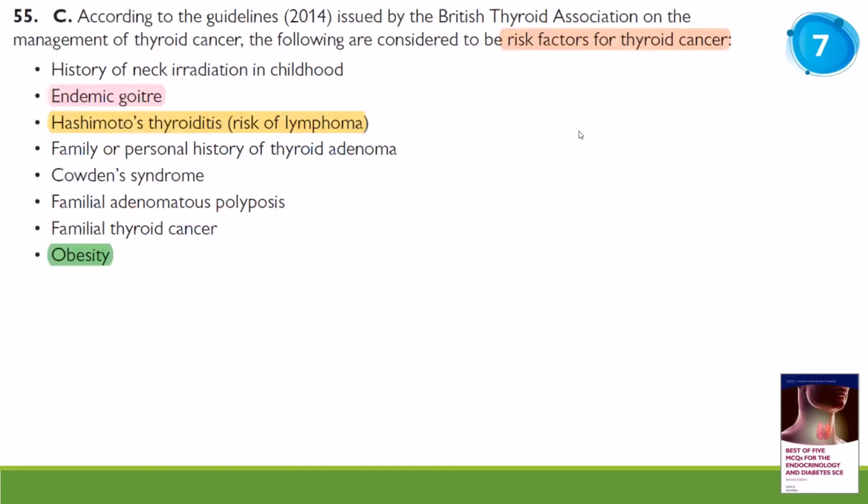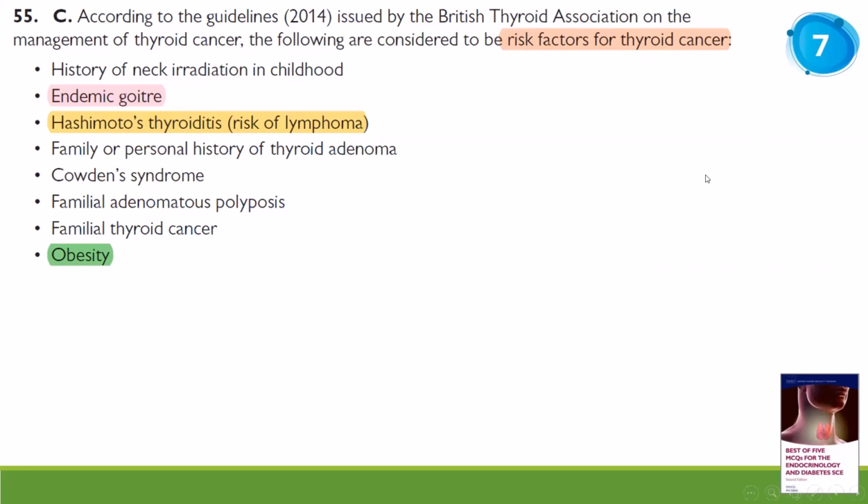And this is from the Hurthle book. The risk factors for thyroid cancer: history of radiation, endemic goiter, Hashimoto thyroiditis which increases the risk of lymphoma, family or personal history of thyroid adenoma, Cowden syndrome, which is very important in the exam, familial adenomatous polyposis like our previous case, familial thyroid cancer, and obesity.